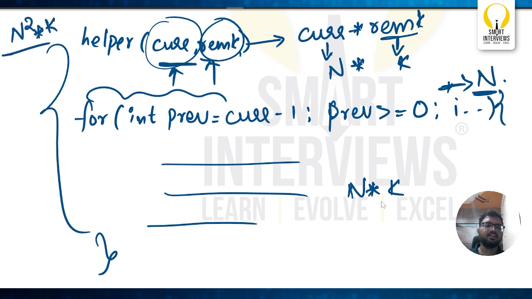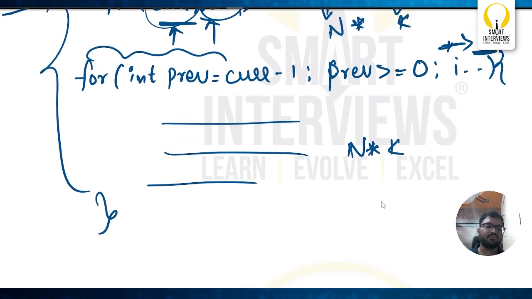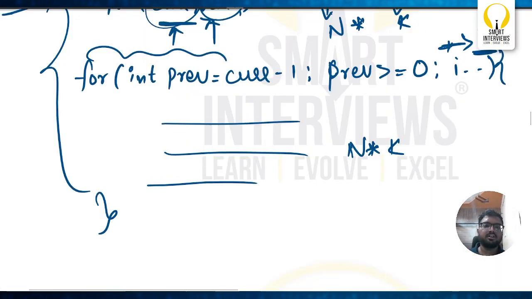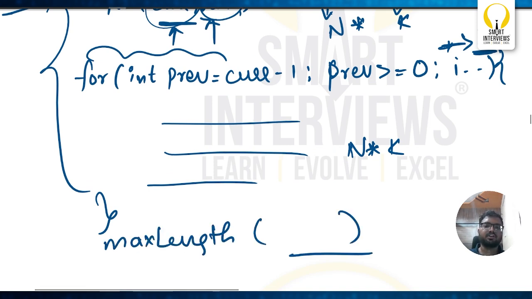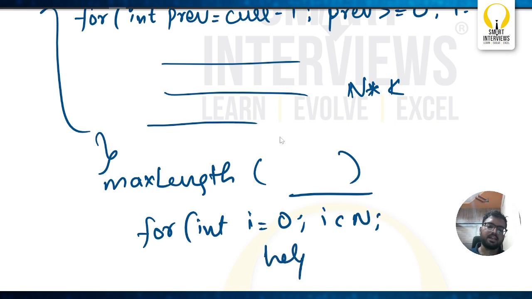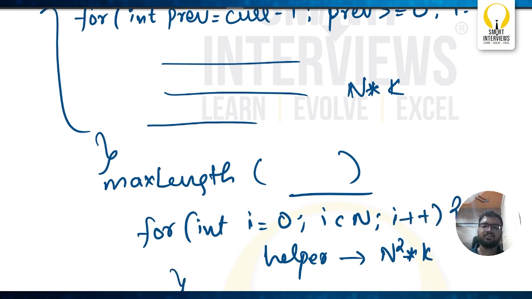But if you look at the normal function which we are calling from, that is the maximum length function, we are using a for loop, right? Inside this for loop we are traversing n times, and here you are having the helper function. The helper function itself is taking n square into k time. What about this for loop?